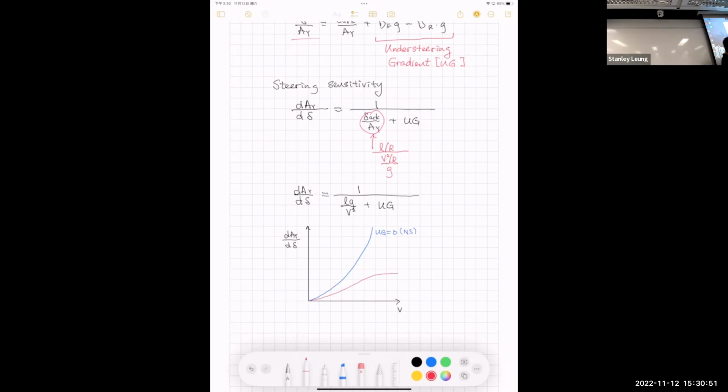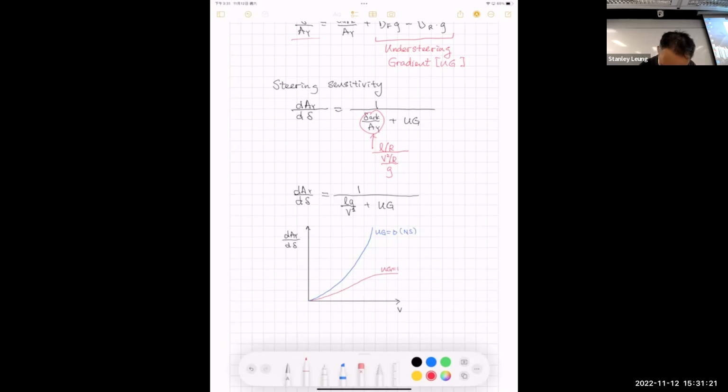So at the beginning this term is still dominant, and then as velocity gets higher, the UG dominates, and then it dies out. This is, for example, UG equals to 1.